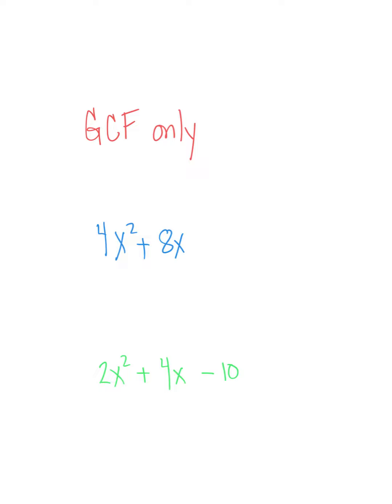So a lot of times we forget that we can't just have a GCF only. So if I look at the first problem here, I have 4x squared plus 8x. If I look at a GCF there, my GCF is going to be both a 4 and an x. Remember, my greatest common factor always goes on the outside of the parenthesis. And then what I would be left with is an x plus 2.